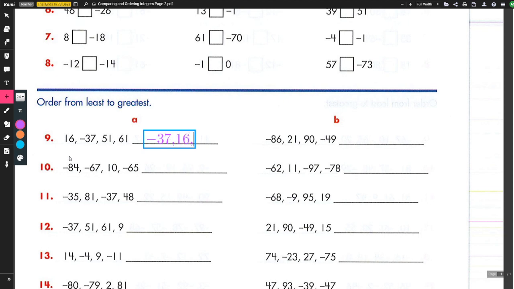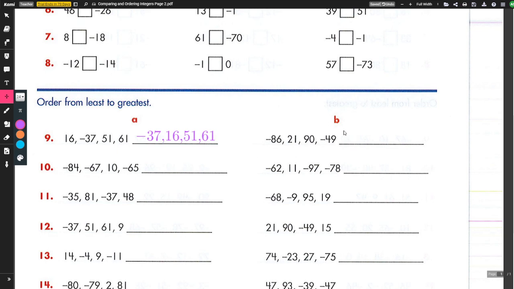Remember to separate them with a comma. Next is 51 and 61. So I feel like there's no need to explain the positive numbers. But the negative numbers, when we get more, I'll explain it more. Right here, we only had one, so it was pretty easy. So let's go to the next one.